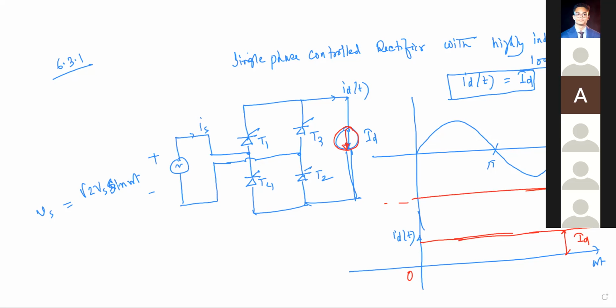operate our thyristors? Suppose I am putting it this way, in the same step. This is your IG1, IG2, and this will be your IG3 and IG4.